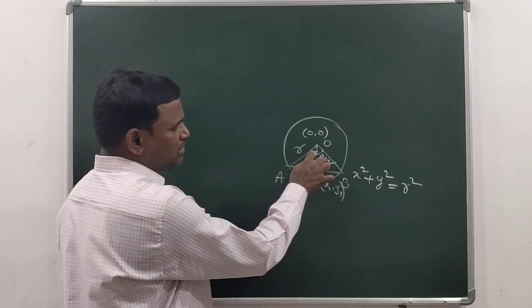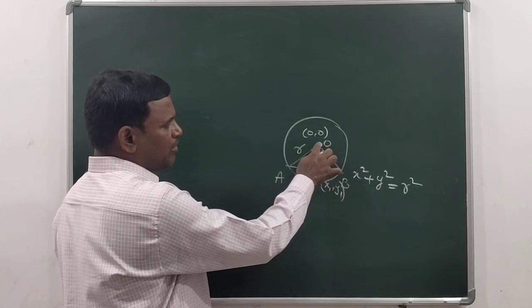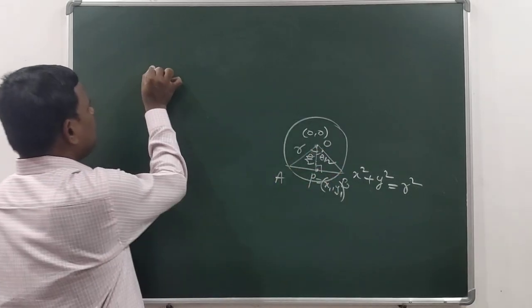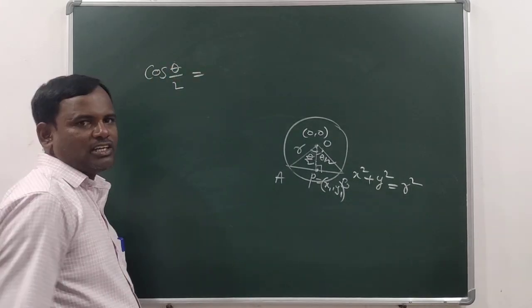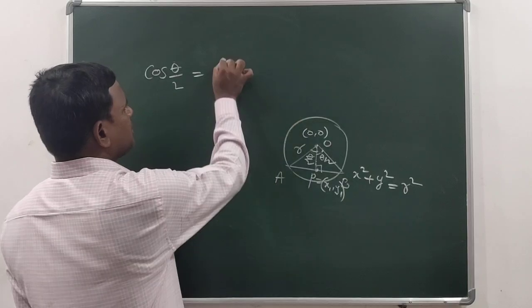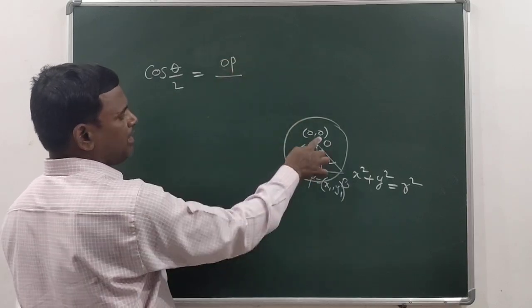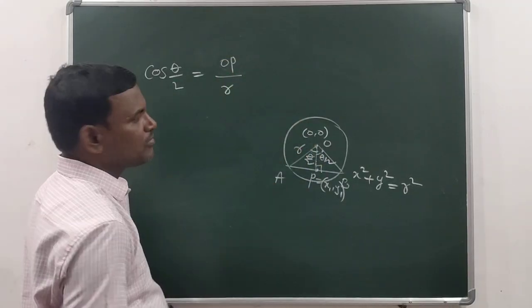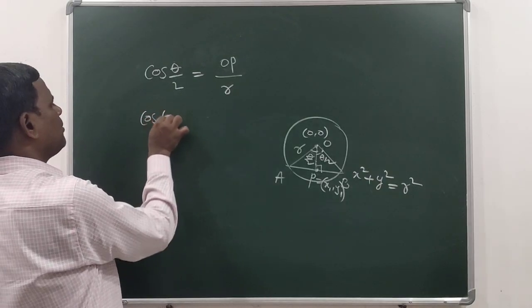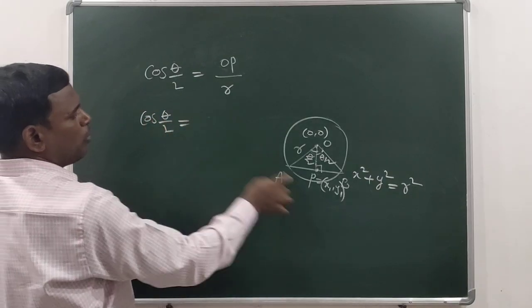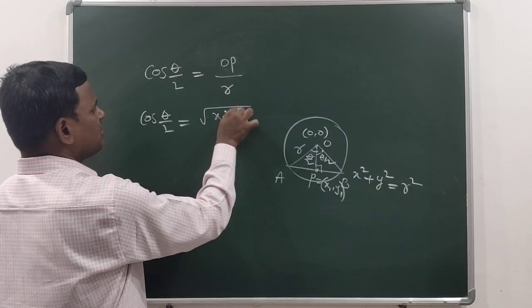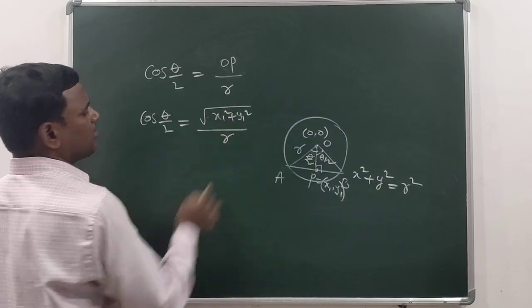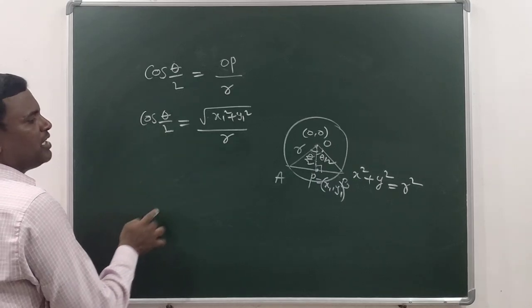Now with respect to this theta by 2, in triangle OPA, define cos theta by 2. If you define cos theta by 2, here adjacent OP by hypotenuse R. So cos theta by 2 is equal to OP length. How much is the OP length? Root of x1 square plus y1 square, by R. Now take square on both sides.